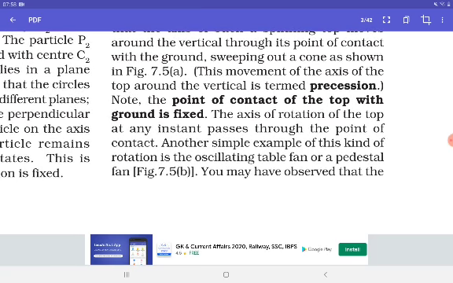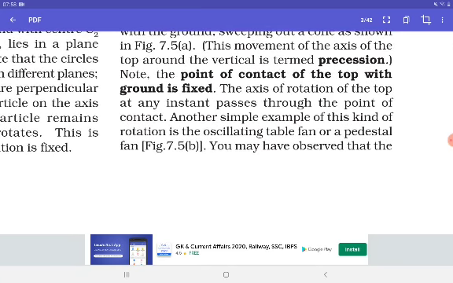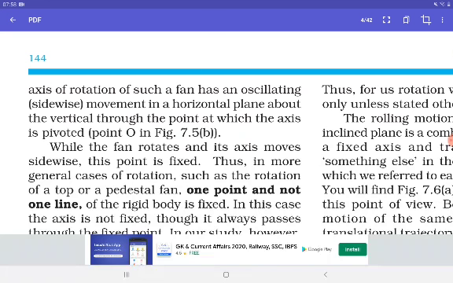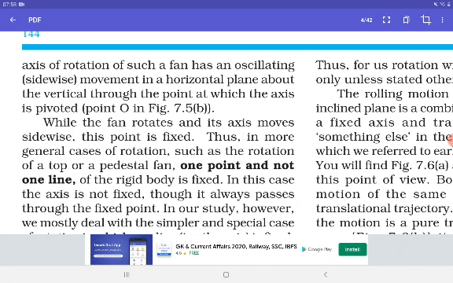Another simple example of this kind of rotation is the oscillating table fan or pedestal fan. You may have observed that the axis of rotation of such a fan has an oscillating sidewise movement in a horizontal plane about the vertical through the point at which the axis is pivoted. While the fan rotates and its axis moves sidewise, this point is fixed.